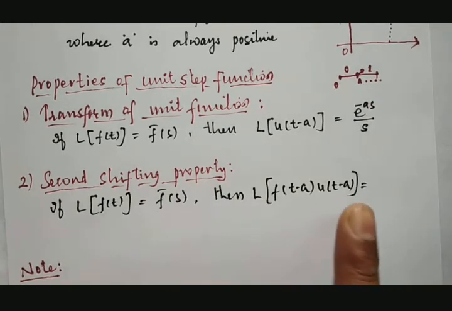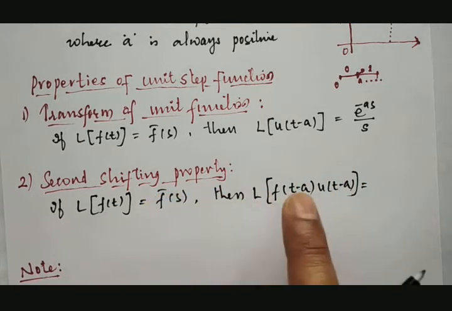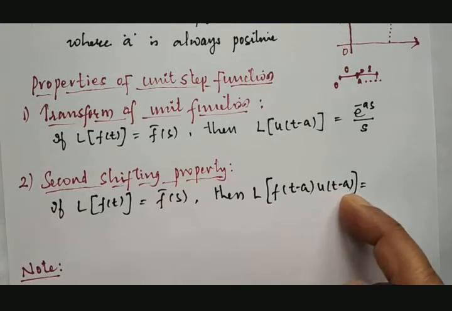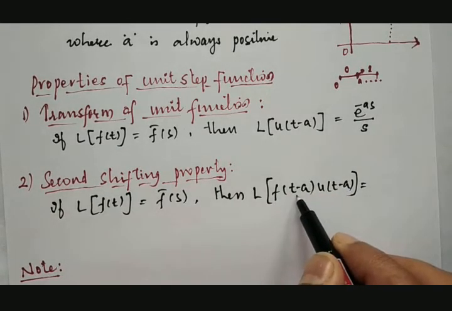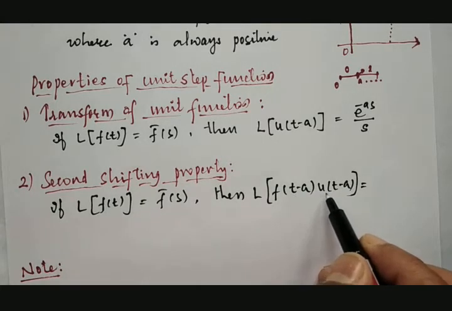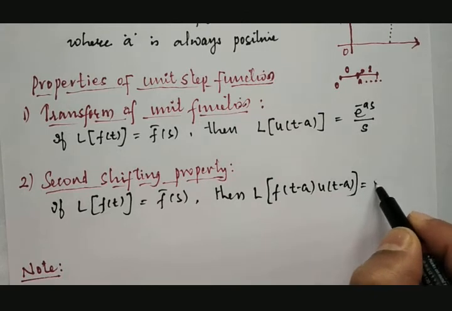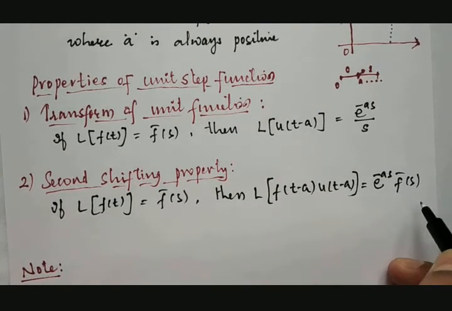Let us see. F of t is f bar of s, but here it is f of t minus a along with the unit step function, meaning there is a unit step function multiplied by another function which has t minus a as its variable. Then what will it be? This is equal to e raised to minus as into f bar of s.